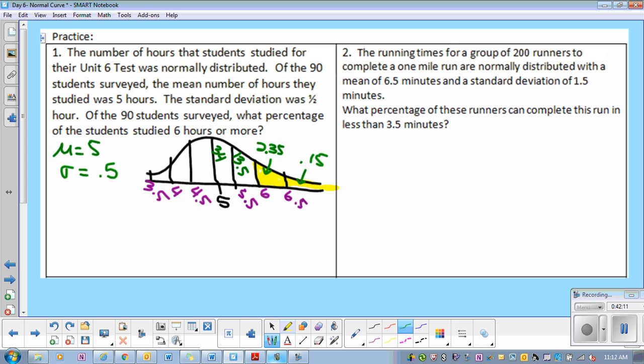So what is 2.35 plus 0.15? 2.5. So only 2.5% of the students that they asked studied for more than 6 hours.